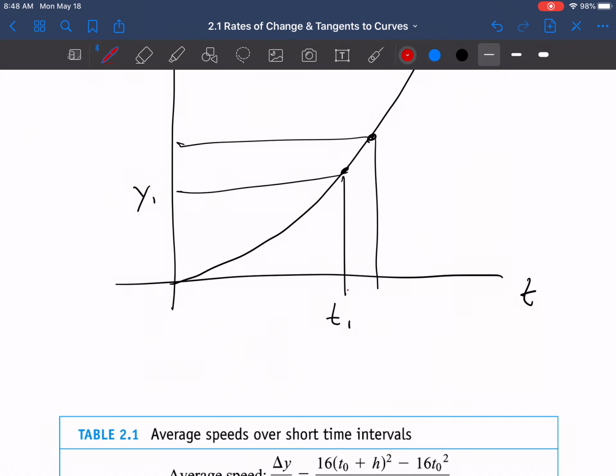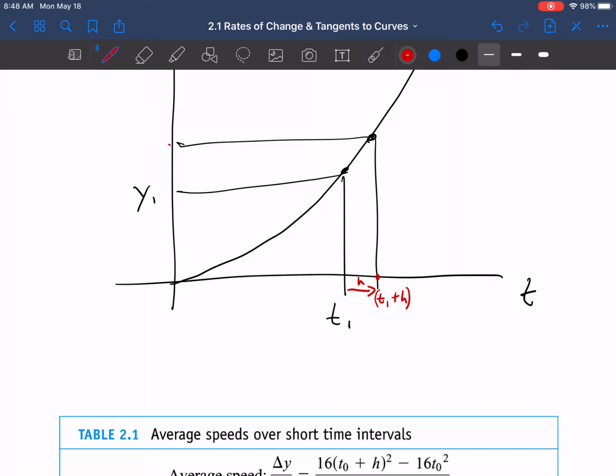We're going to step an amount h, which means this position right here is t1 plus h. Because say time 1 was 6 seconds, and then we'd add h onto it. So h was maybe a tenth of a second. Instead of at 6 seconds, we'd be at 6.1 seconds. We'd be a tenth of a second further along.